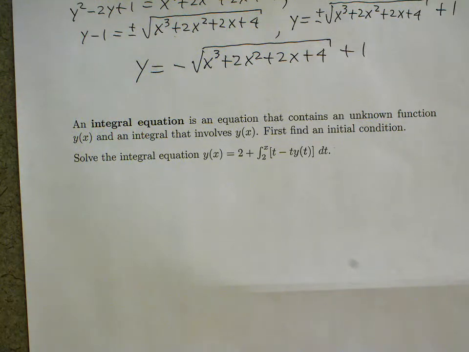So does something jump out at you as a way to find an initial condition? Well, there's a number of answers, but if you have a definite integral, when is it always equal to 0?